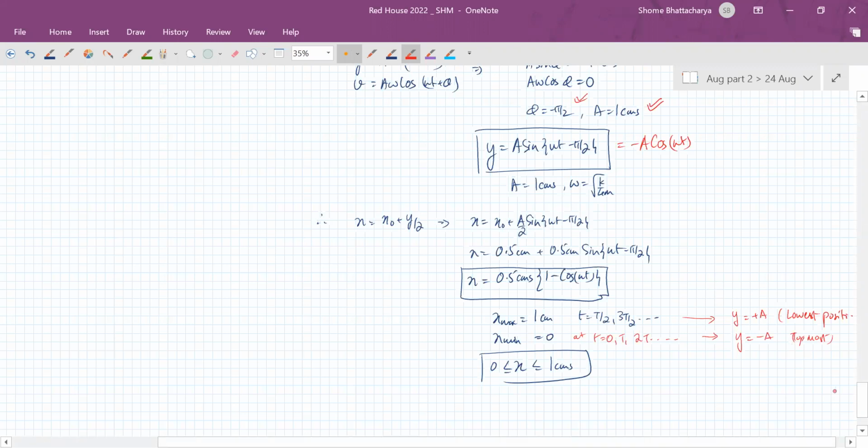A is 1 centimeter. So the range of the motion of the block is over 2 centimeters from its lowest to highest position. And the range of the spring is 1 centimeter from its lowest to highest. So there's that 1:2 relation between the two.